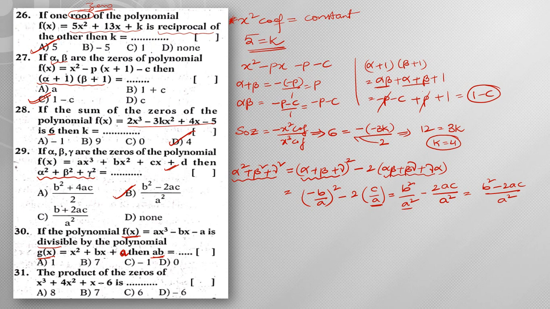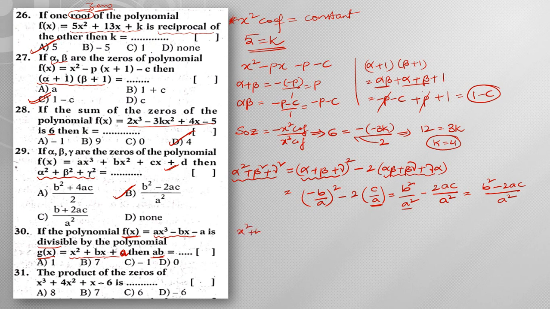Now for that, we need to do the long division process. So how will you do it? Since it is a cubic polynomial, we divide ax cube by x square plus bx plus a.